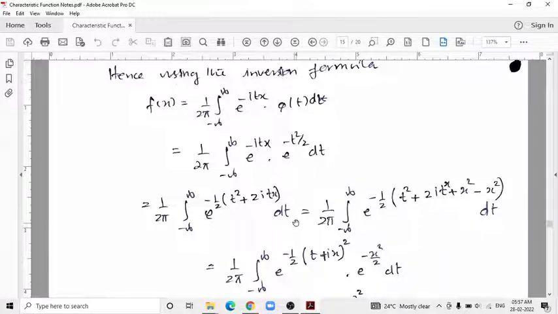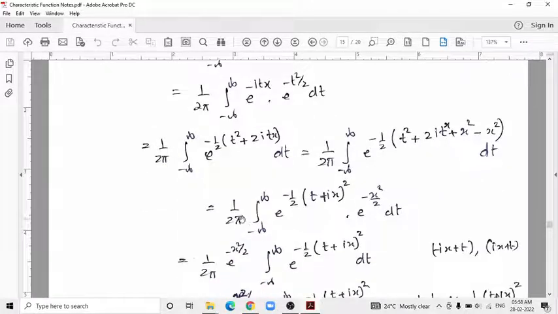So it is 1 by 2 pi integral minus infinity to infinity e raised to minus 1 by 2 t plus ix whole square into e raised to minus x square by 2. Here we take together t square, then 2itx, and plus minus x square. So minus x square is taken inside, and this plus x square, into minus 1 by 2, is separated.